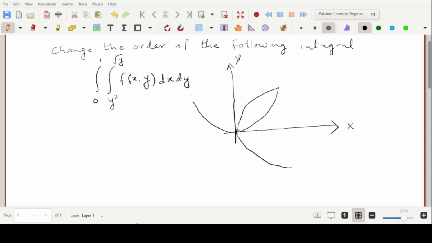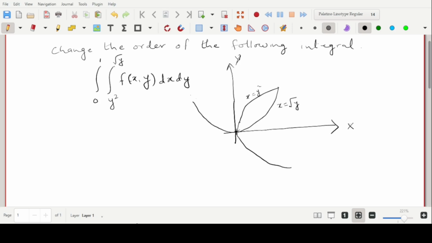Remember that we want to go in the positive direction, so x will run from the smaller value to the greater value. Here this is x equal to y square, and this is x equal to square root of y, which can alternatively be written as y equal to x square.